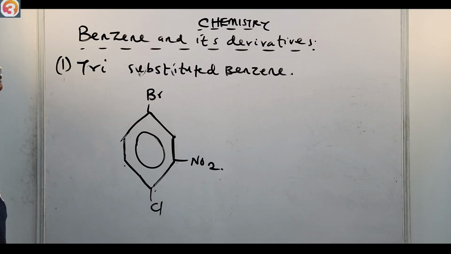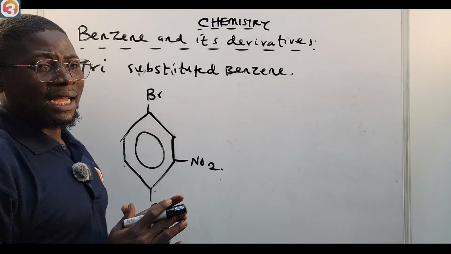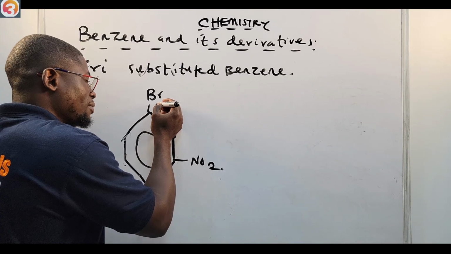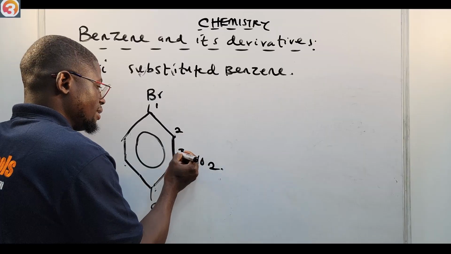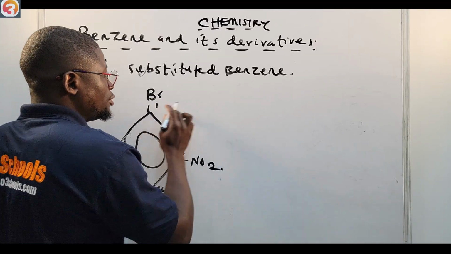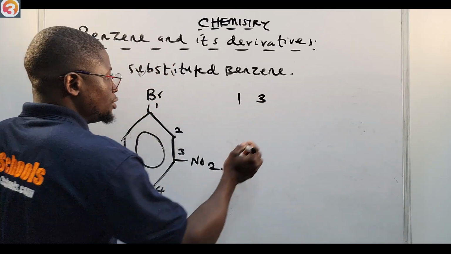So that means the solution to this is to find the shortest link or route. All right, let us see. If you start from here is 1, here is 2, here is 3, here is 4. On what position are the groups? The bromine group is on position 1, the nitro group is on position 3, the chlorine group is on position 4.